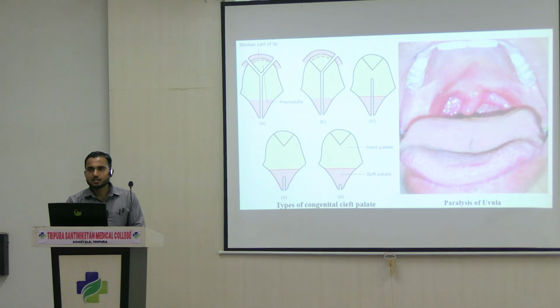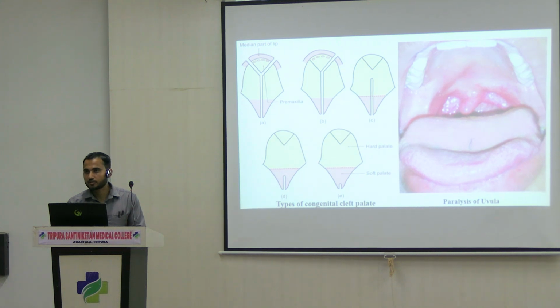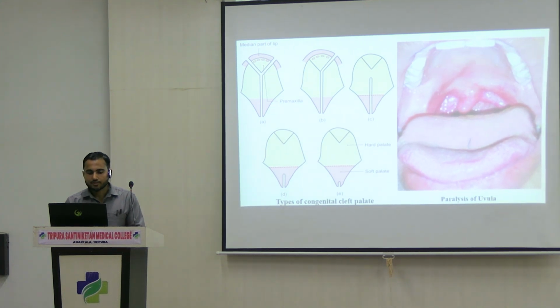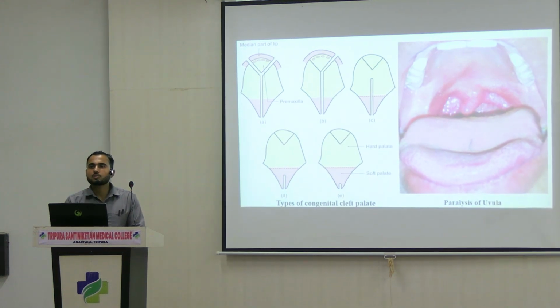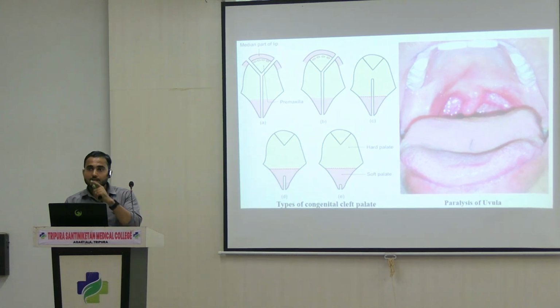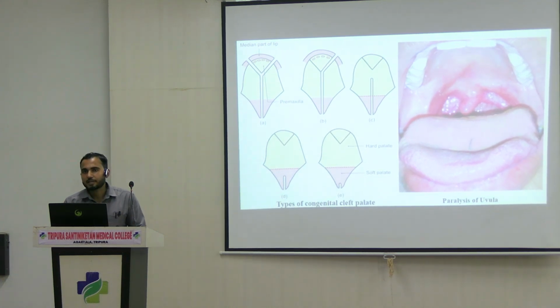Lastly, you can see paralysis of the soft palate. If paralysis of the soft palate takes place, what will happen? First of all, there will be nasal regurgitation of liquid. The liquid you are swallowing may go into the nasal cavity when the soft palate is paralyzed.